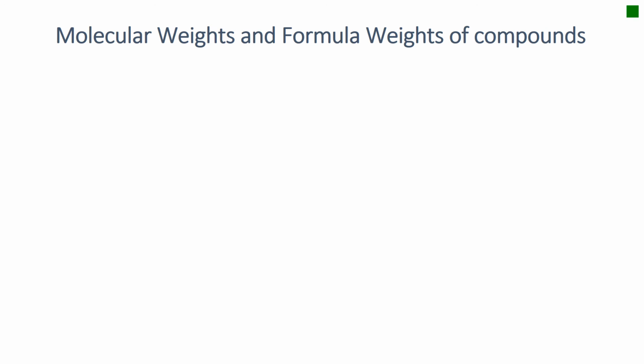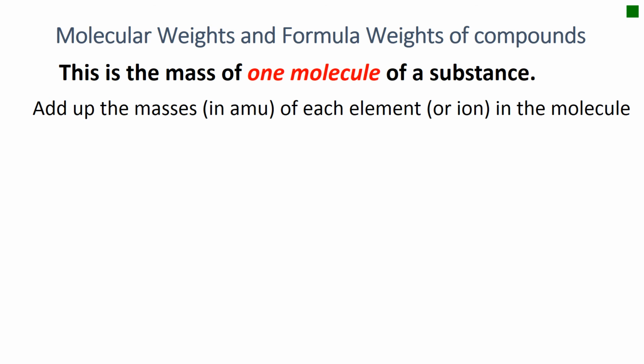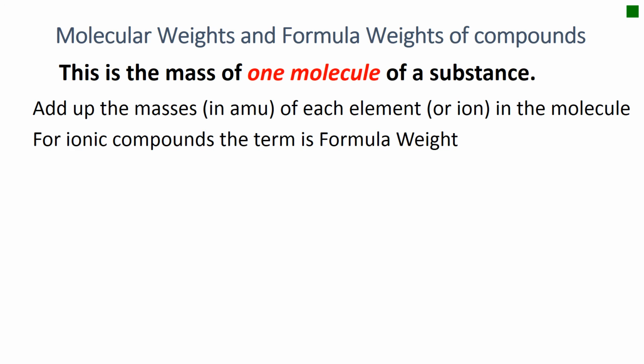So now we're going to look at the molecular weights and formula weights of compounds. This is the mass of one molecule of a substance, a single individual unit of a molecule. So you want to add up the masses in AMUs of each element or ion in the molecule or formula.